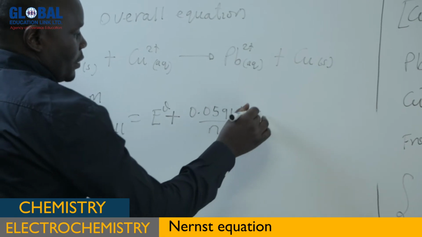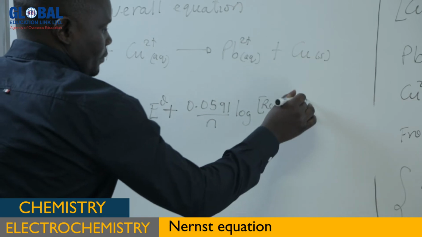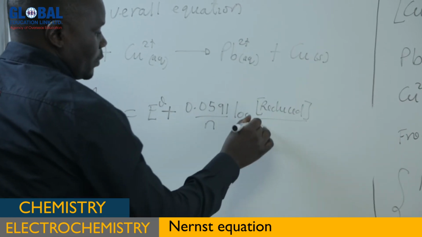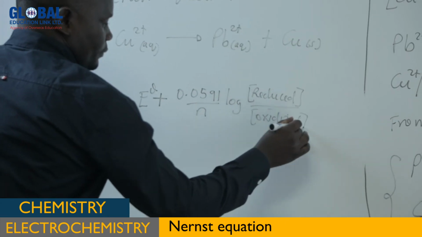And here the reduced species is copper, and the oxidized species is lead. So the concentration of copper over the concentration of lead.